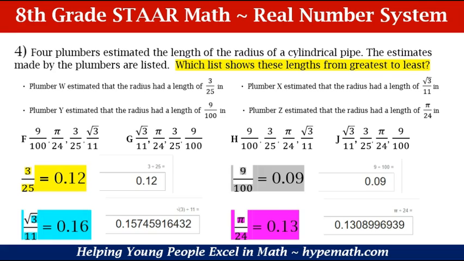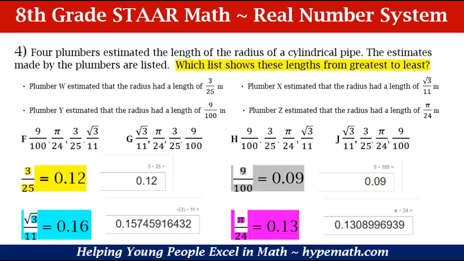Okay, so for 3/25, we put in our calculator 3 divided by 25. The answer is 0.12. For the square root of 3/11, that is equal to 0.16. Remember, we're rounding to the nearest hundredths place. For 9/100, it's 0.09. We put 9 divided by 100 in our calculator.